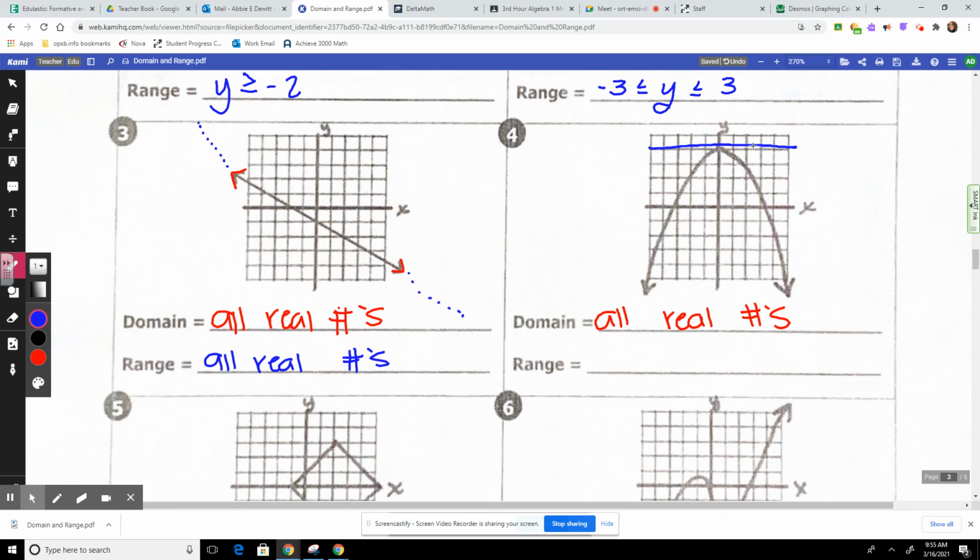I have a distinct line where I can say my graph does not extend beyond this point where y is positive 4. But going down, it continues forever and beyond. So this means that my y values are all values of y such that y is less than or equal to 4, because it's going down. It's covering all my y values less than 4 from that point.